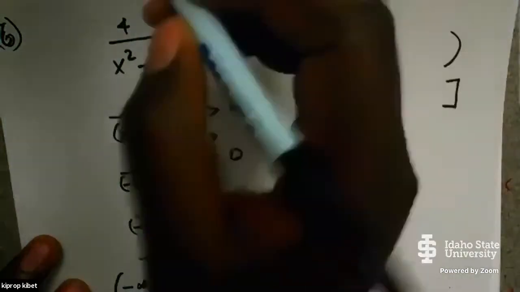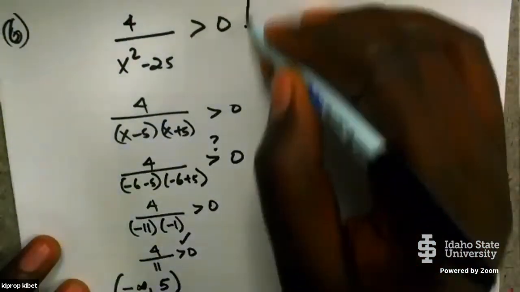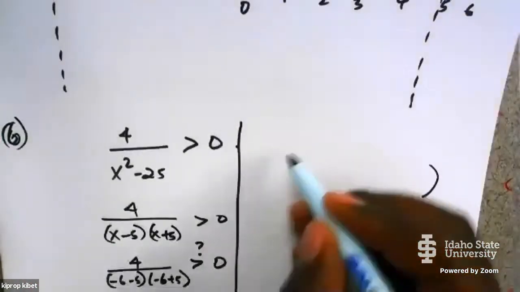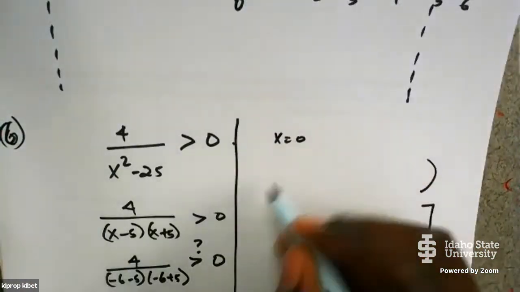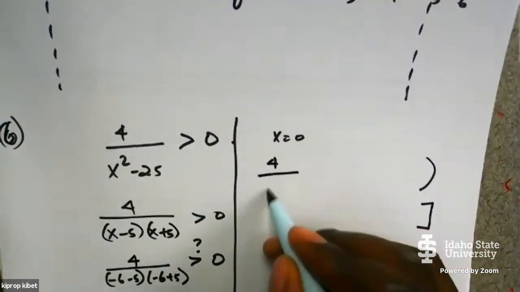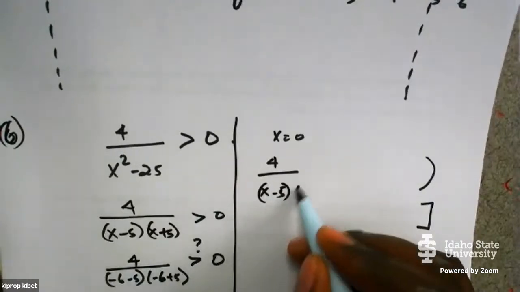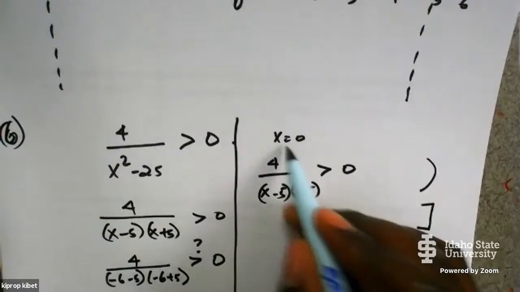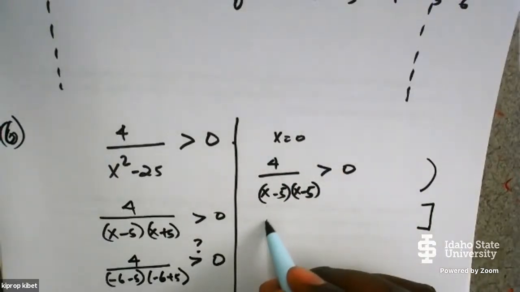Now let's come to any region around here. Let's take x equals 0. Now, 4 all over x minus 5, x plus 5. Is it greater than 0 when x is 0?